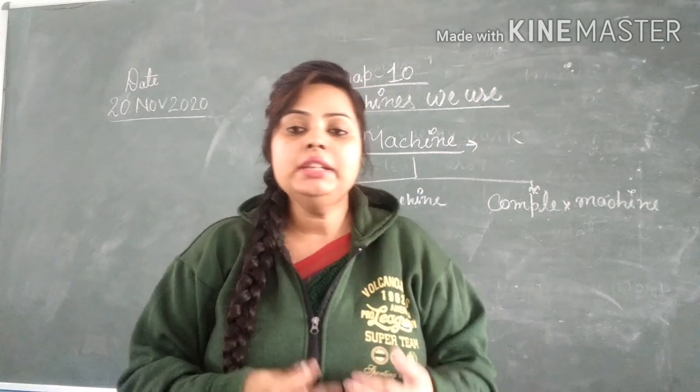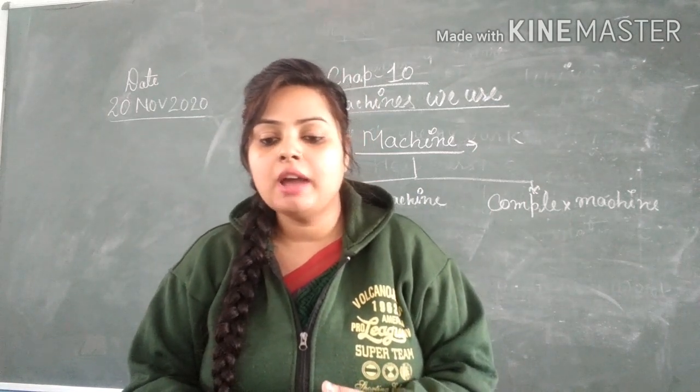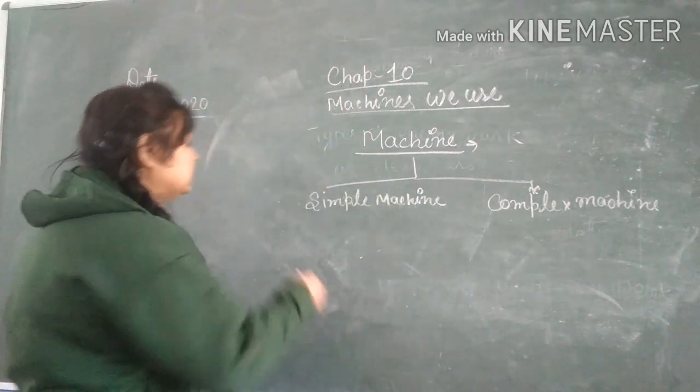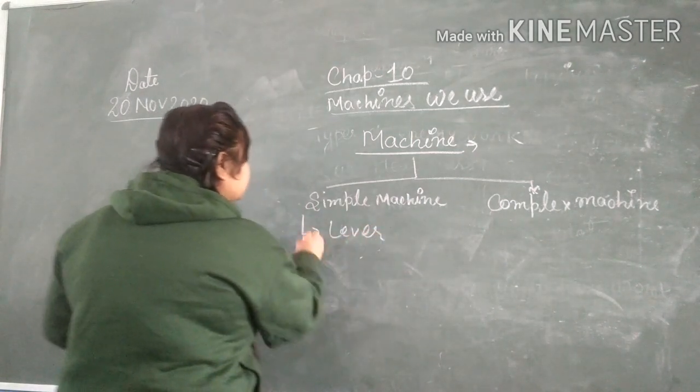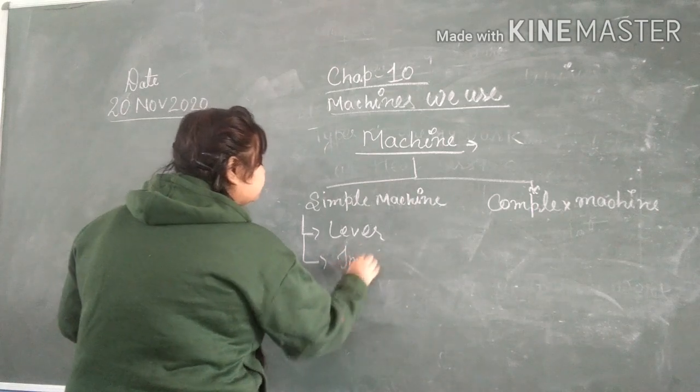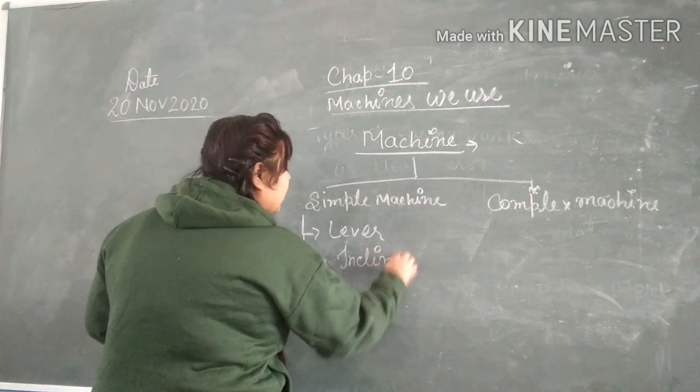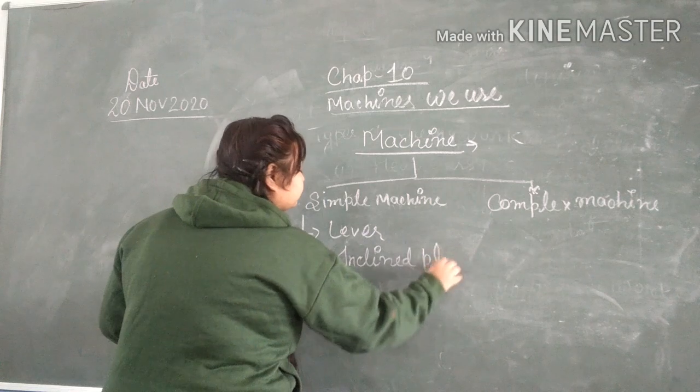Here, different types of simple machines are present. First is lever. Second is inclined plane.